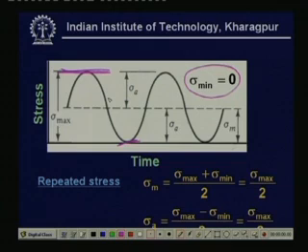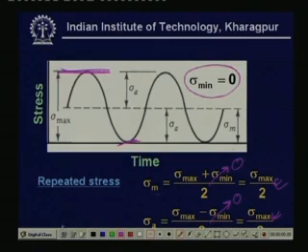So, in case of the repeated stress, the equations of definition for the mean stress and the stress amplitude remain the same. If we substitute sigma min equals 0, then you can see the mean stress is sigma max by 2, which is the same as the stress amplitude, which also comes out to be sigma max by 2.